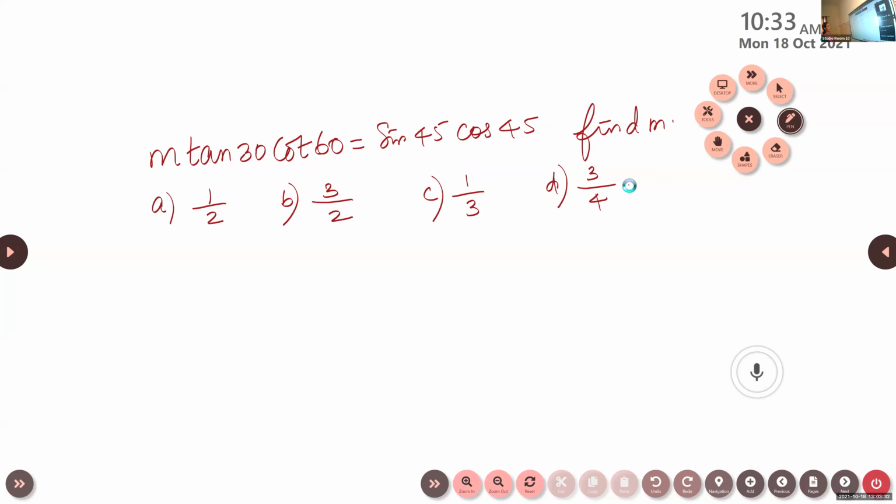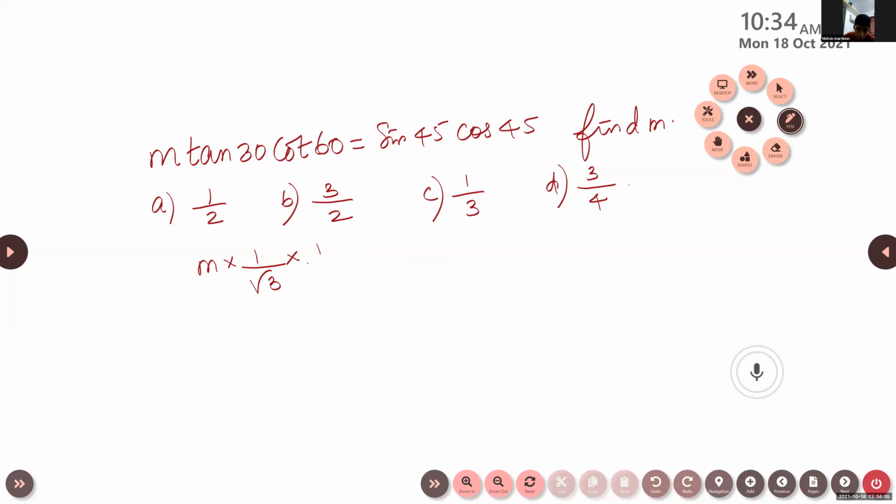What is the answer, Anne Mary? 3/2. Aman Shakir, what is your answer? Ma'am, 2/3. Tan 30 is 1/√3. And what is cot 60? 1/√3.